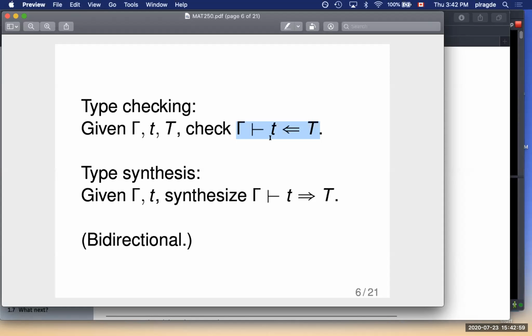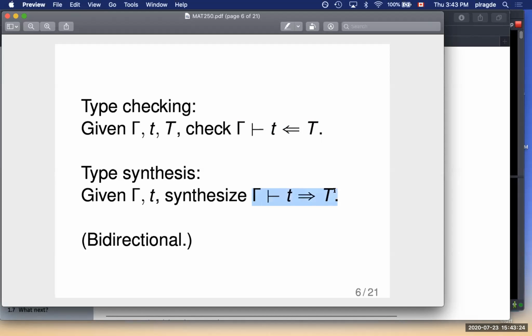But as part of type checking, and Taras pointed this out, it comes up when you're checking an application. An application alone doesn't have enough information to be able to just use checking. The type of that function has something hidden in it that has to be synthesized. So that's the reason for type synthesis.